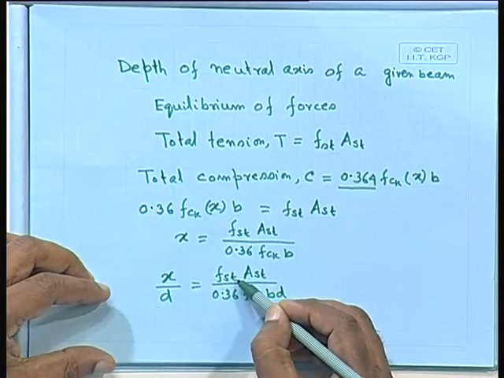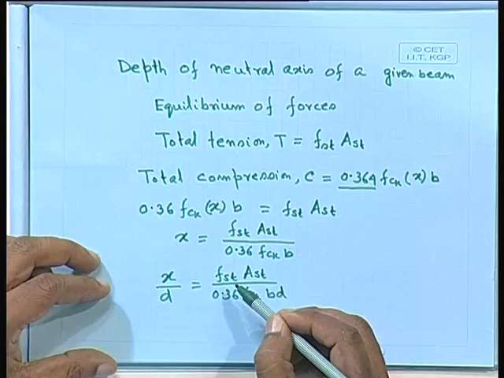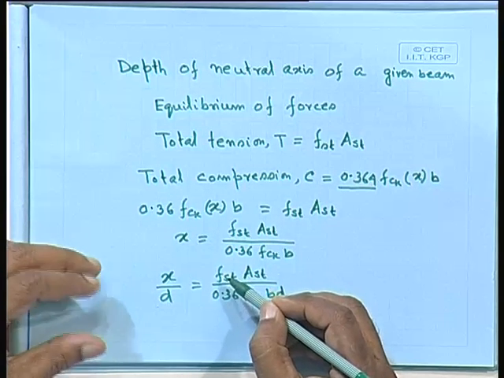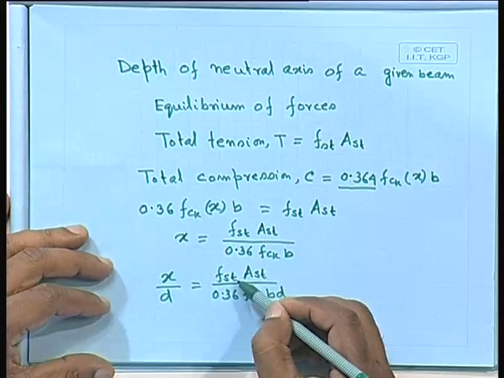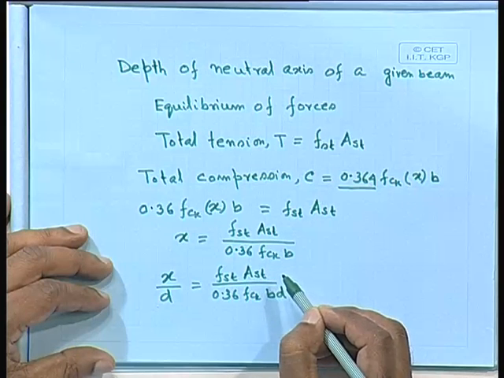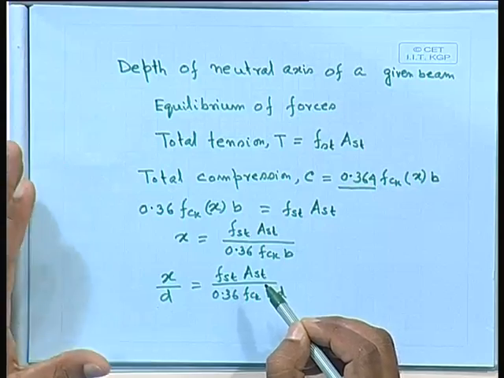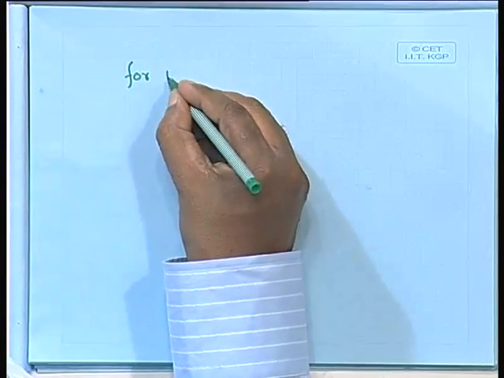Now, if we take the section is under reinforced, that means we shall reach the yield stress in steel first. That case FST will be equal to 0.87 FOI, that is the permissible stress according to IS 456. So, we can write down the equation for under reinforced section.